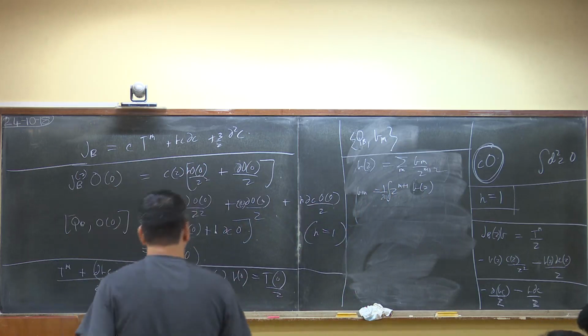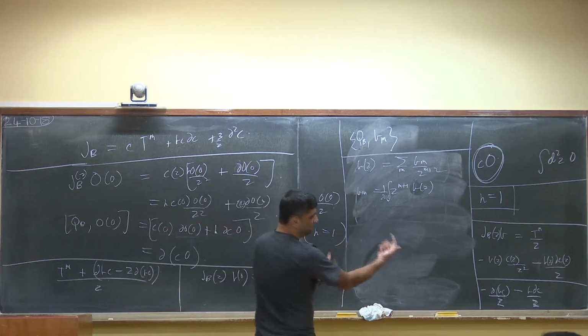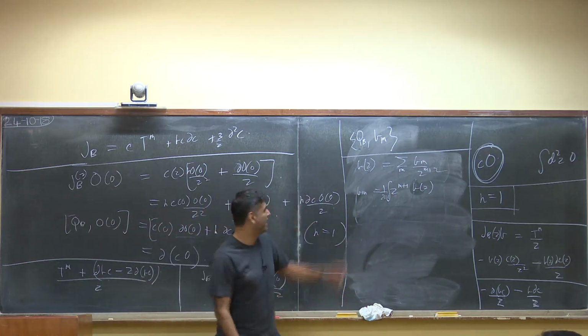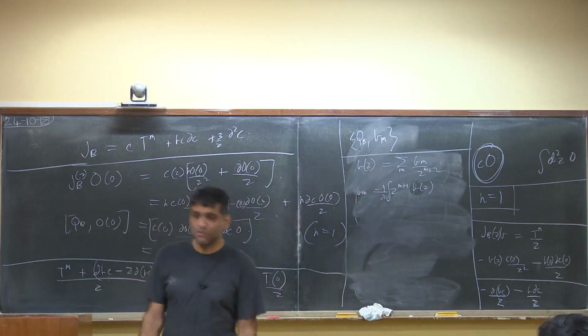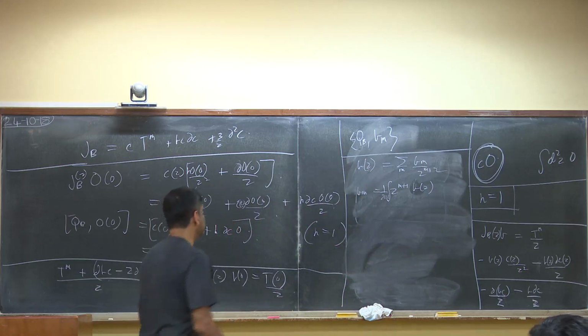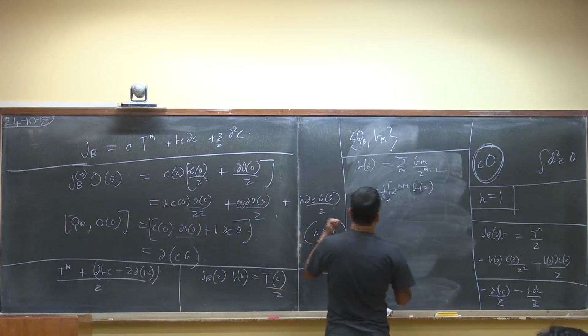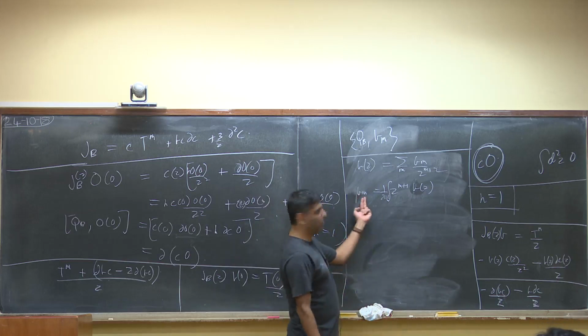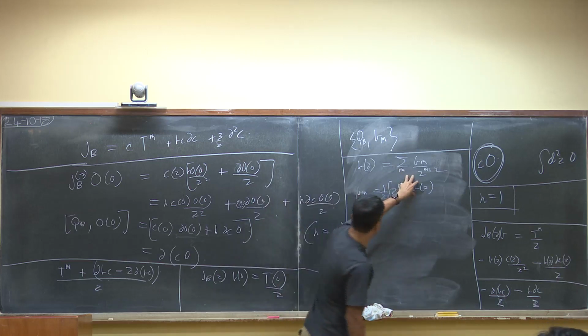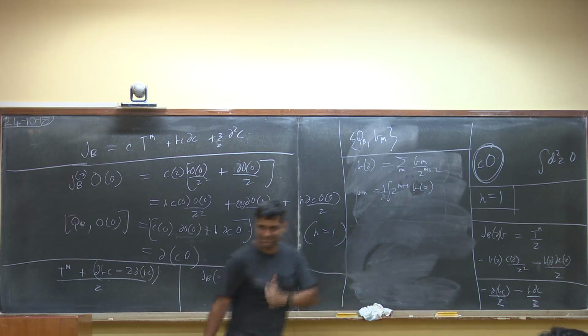Okay, so now this is an anti-commutator of two charges. And according to our general rules, that just is the charge whose current is the residue of the OPE between this current and JB.